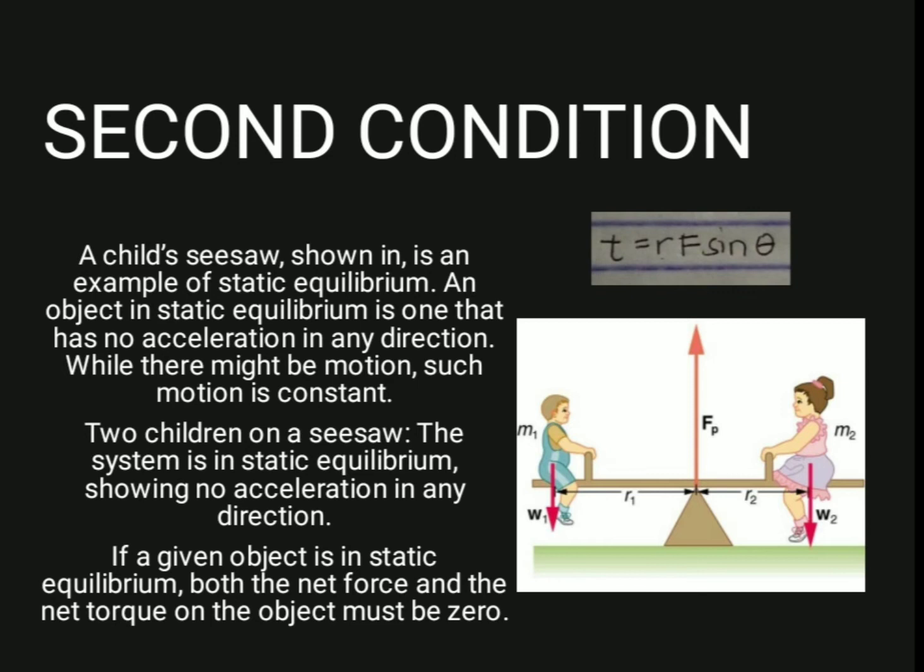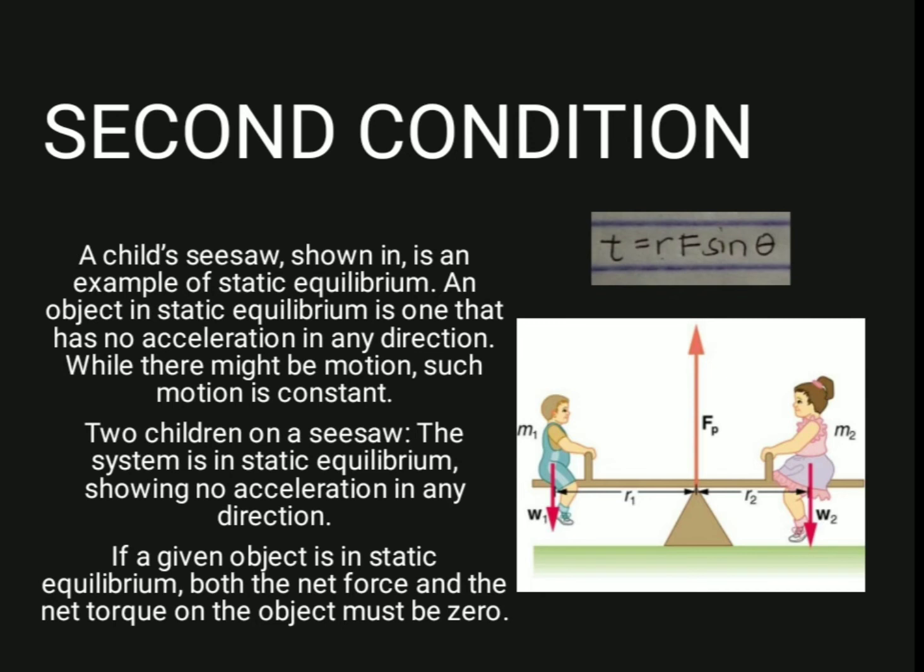A child's seesaw is an example of static equilibrium. An object in static equilibrium is one that has no acceleration in any direction. While there might be motion, such motion is constant.